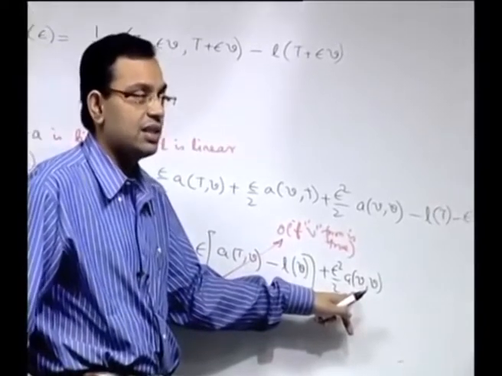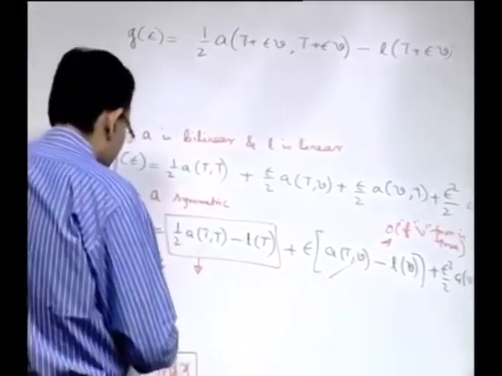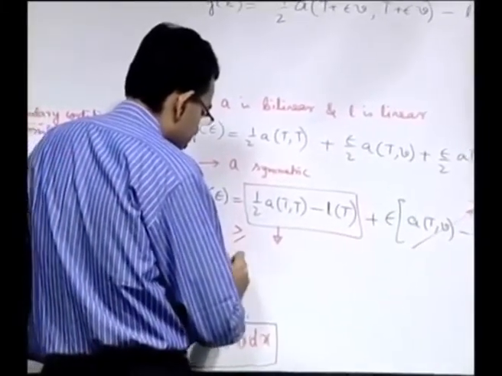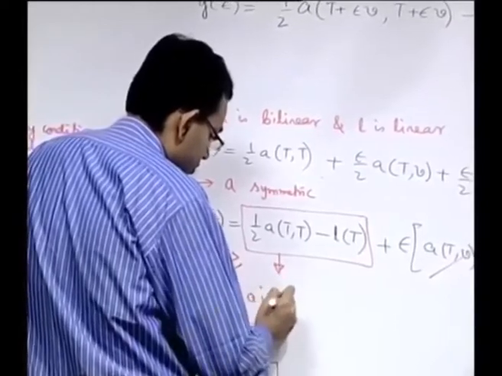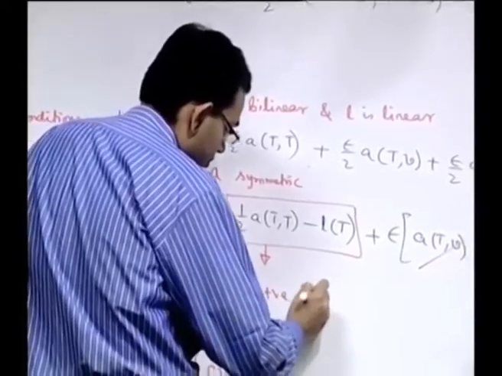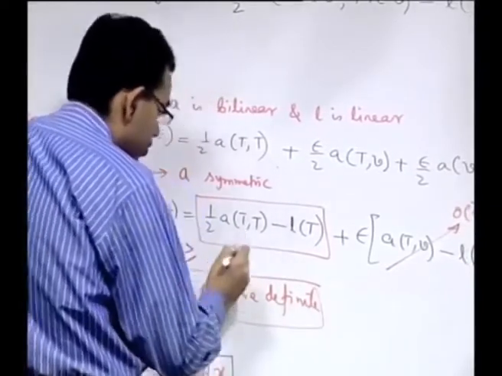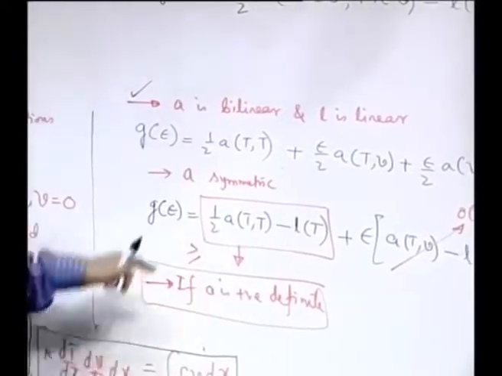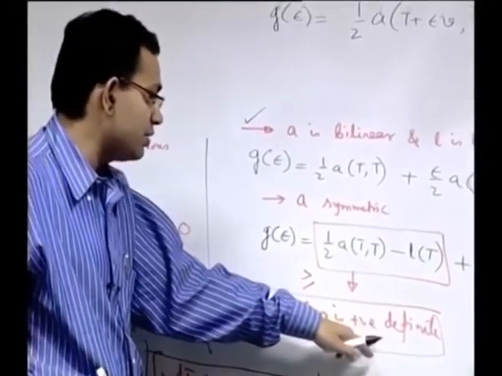So we have just now seen what is the meaning of that one. So if A is positive definite, then only this is true. So G epsilon is greater than or equal to this one provided A is positive definite.